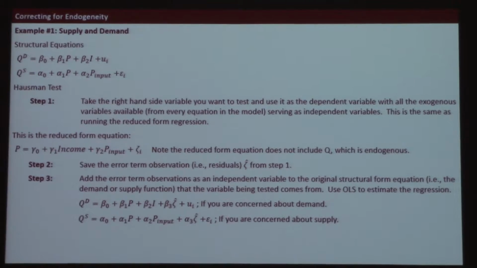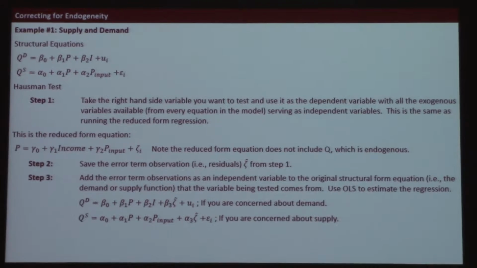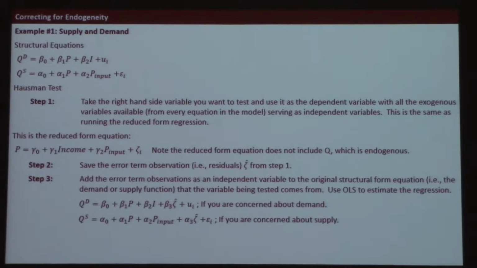The reasoning behind the Hausman test is actually pretty simple. Remember, the error term is supposed to be a completely random variable. It's supposed to contain all the stuff that we can't control for, and on average it's 0, but it's a completely random variable that's unpredictable. So the error is supposed to have no predictive power.